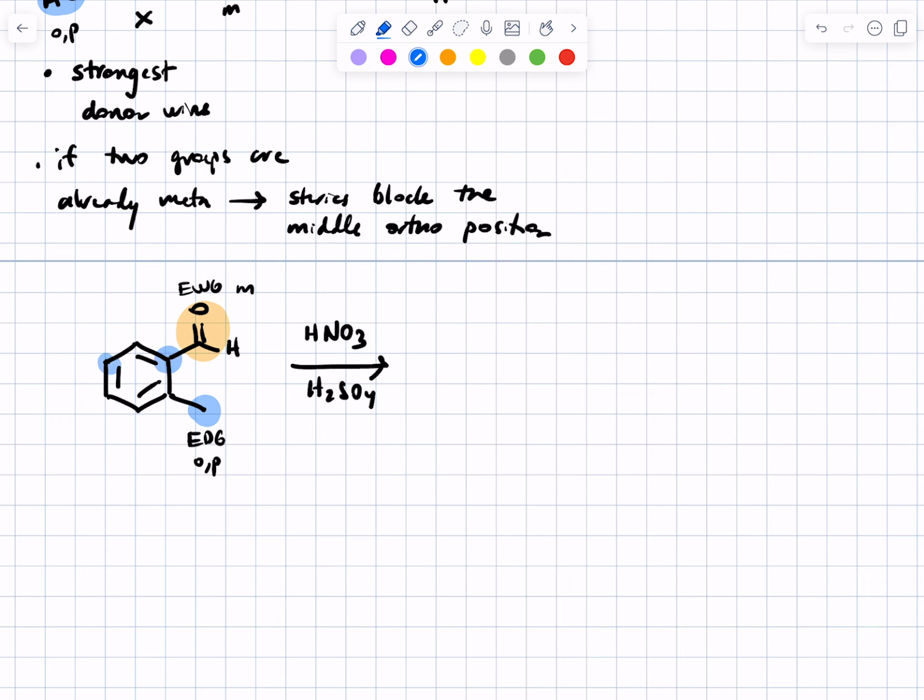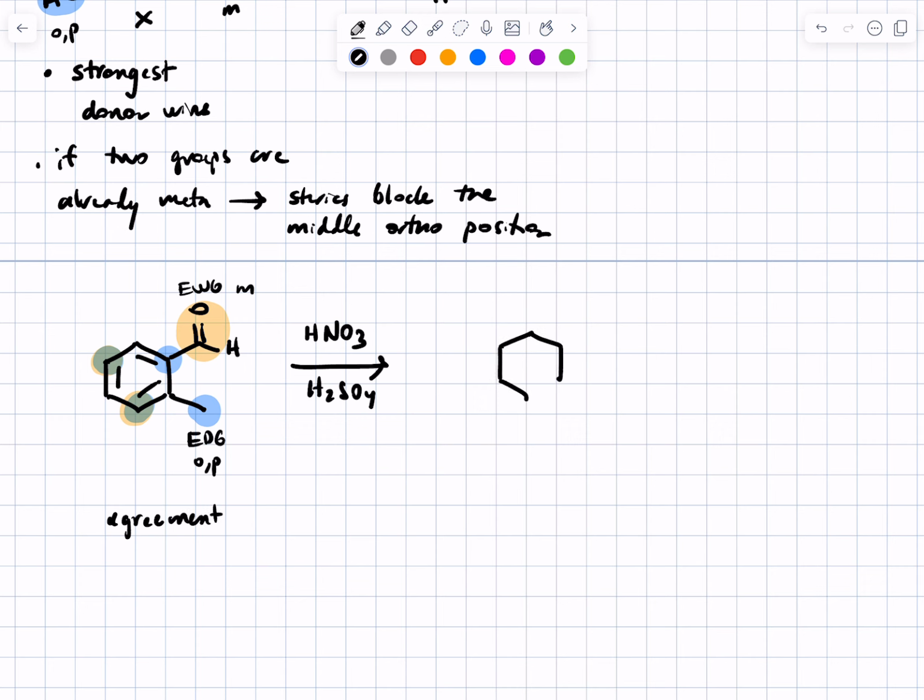Here are the carbons that are ortho and para to the electron donating group. Here are the carbons that are meta to the electron withdrawing group. Here we see agreement, right? That's a great situation. That's easy.